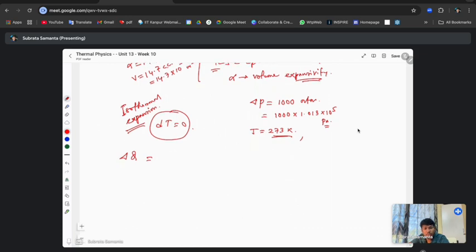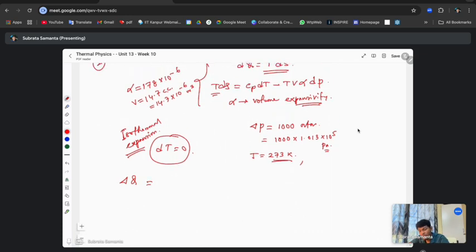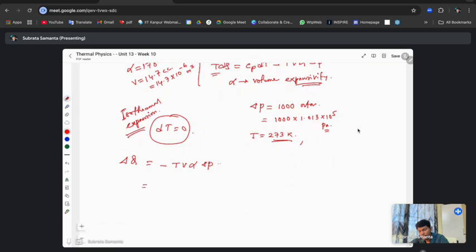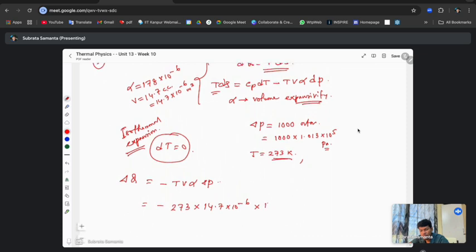So that means delta Q is basically minus T V alpha delta P. We plug in the values: minus T is 273, times V is 14.7 times 10 to the power minus 6 meter cube, times alpha is 178 times 10 to the power minus 6, times delta P is 1000 times 1.013 times 10 to the power 5 Pascal.